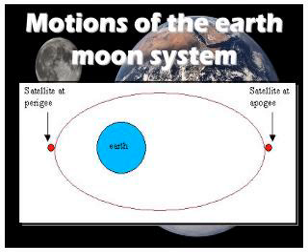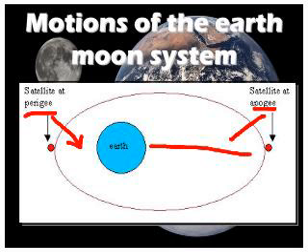It's called the Moon, and it revolves around the Earth. The two terms we have are perigee and apogee. Perigee right here is when the Moon is closest to the Earth, and apogee right here is when the Moon and Earth are the farthest away.